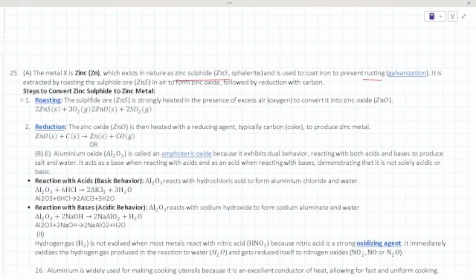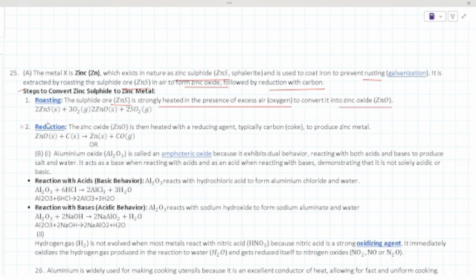It is extracted by roasting the sulfide ore ZnS to form zinc oxide, then reduction with carbon converts zinc oxide to zinc metal. ZnS is strongly heated in the presence of excess air, that is oxygen, to convert it into zinc oxide.